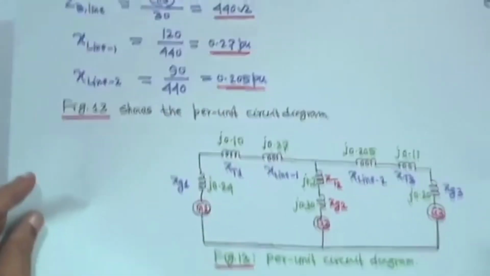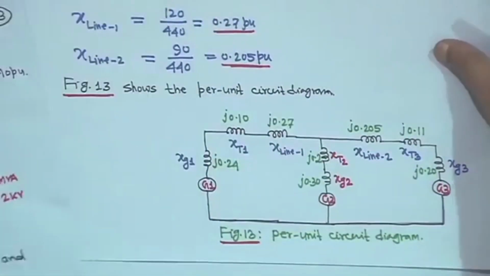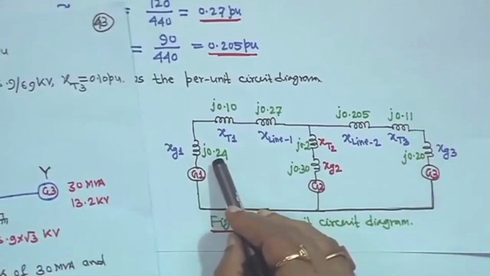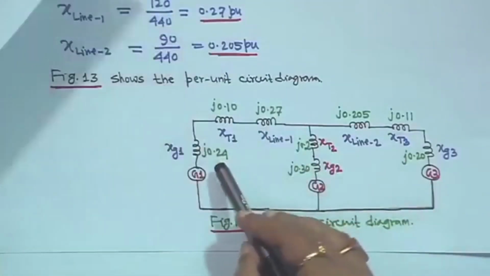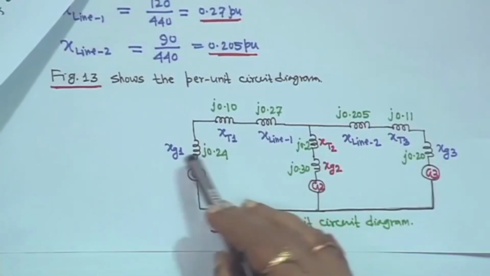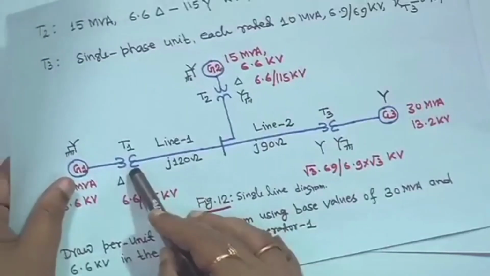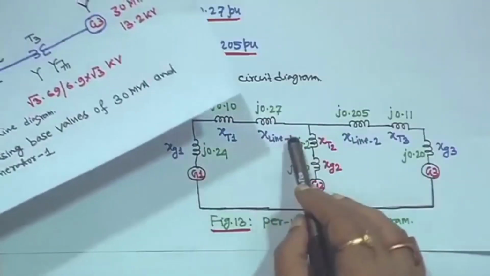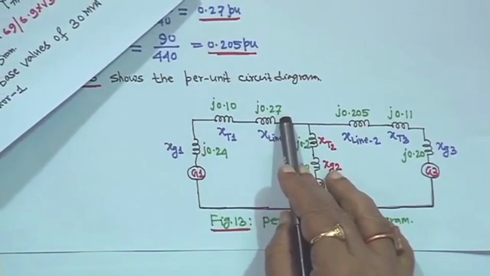Now, look at this diagram. You see this equivalent per unit diagram. This is generator 1, XG1 is 0.24, and XT1 is 0.10. This is transformer T1, then the line is coming, then this is X line, j0.27 we have got.